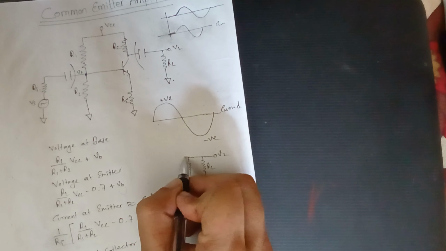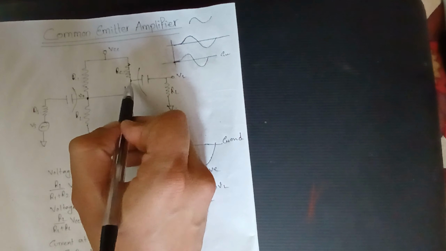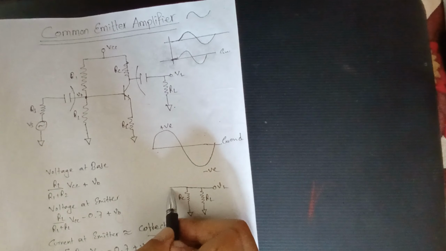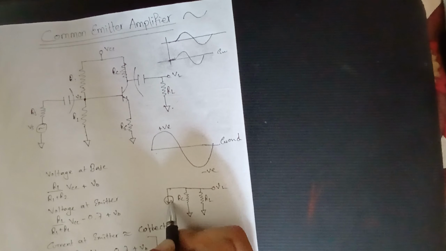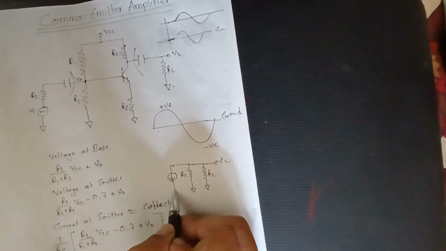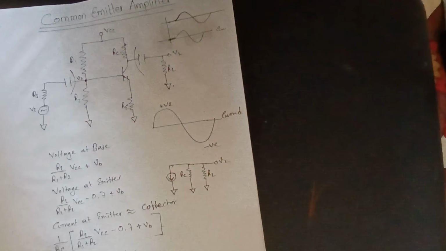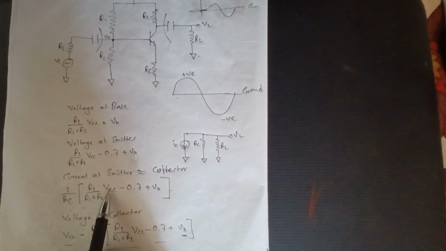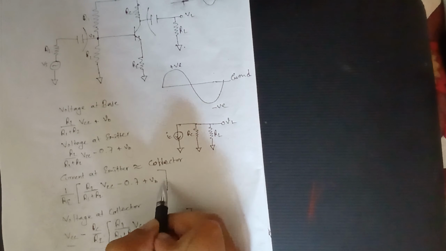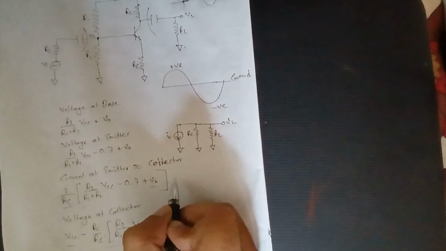And there's another part where IC, the collector current, flows through the transistor to the ground, and we know the direction of current is in this direction, so it's connected to the ground. And this is the AC part of the collector current, and we know the current at collector is 1 by RE times R2 by R1 plus R2 VCC minus 0.7 plus VB, and the AC part of it is simply VB by RE, right?